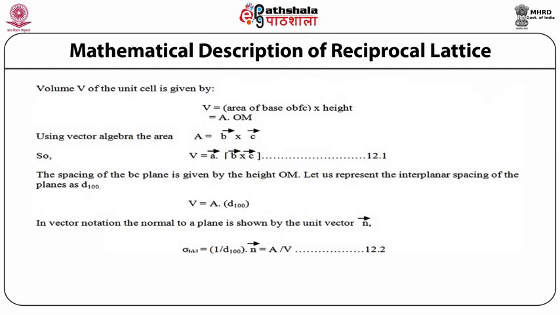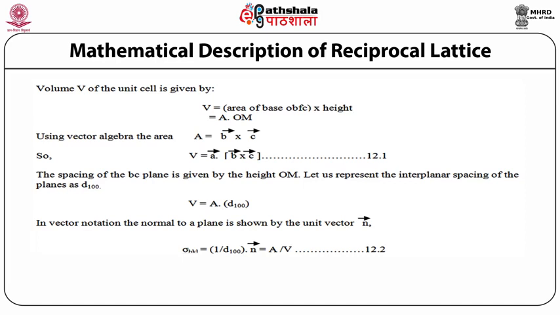The volume V of the unit cell is given by V equal to the area of the base OBFC into the height, which comes out to be A into OM. Using vector algebra, the area A is equal to b vector cross c vector. So V is equal to a vector dot b cross c, which is equation 12.1.